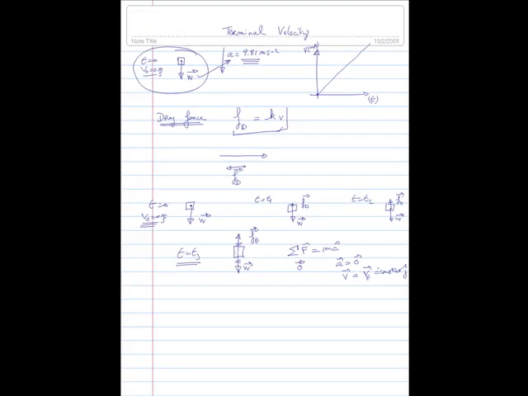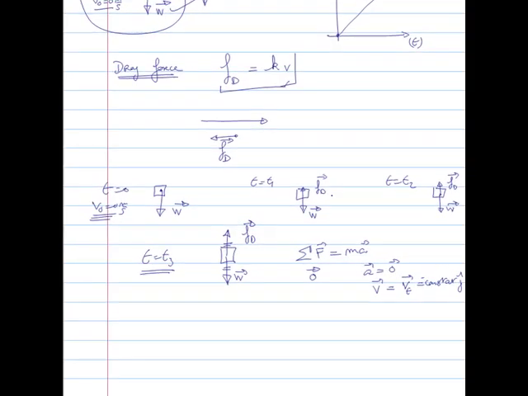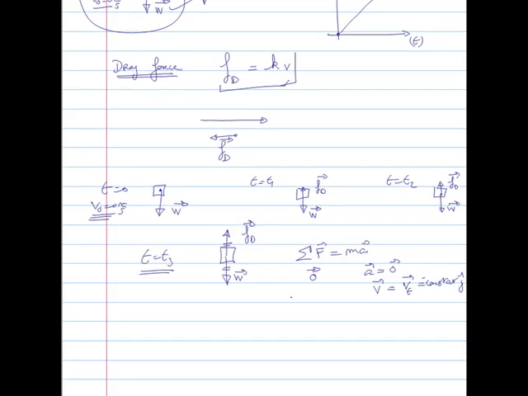As the velocity increases, the magnitude of Fd will keep increasing, and this process will keep going until the magnitude of the drag force equals the magnitude of the weight. At this instant, the sum of the two forces acting on the system will be equal to 0, therefore the acceleration will be 0, and therefore the velocity will reach its maximum value, which we will call Vt.